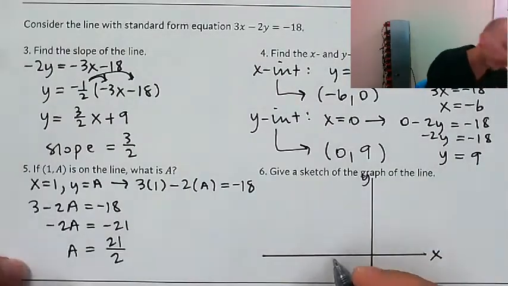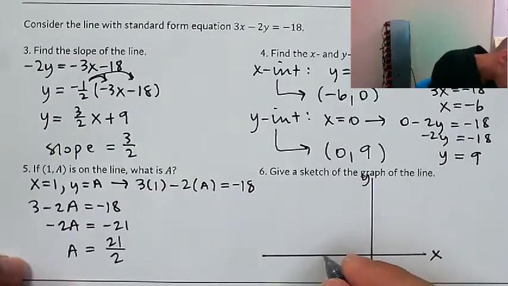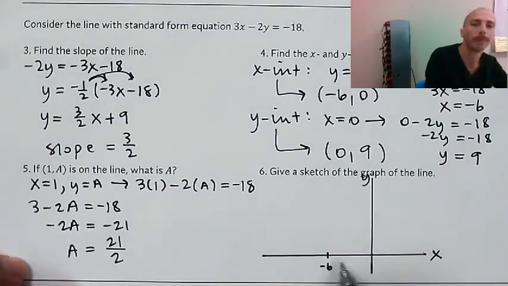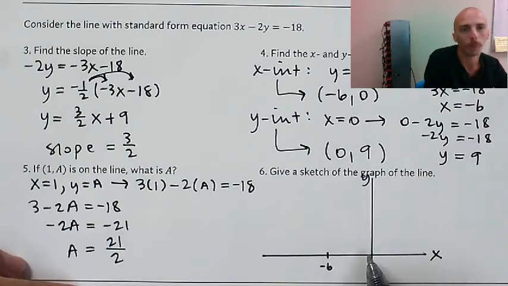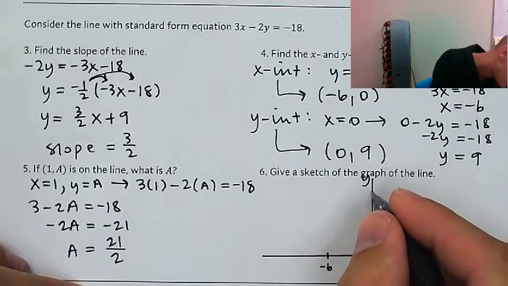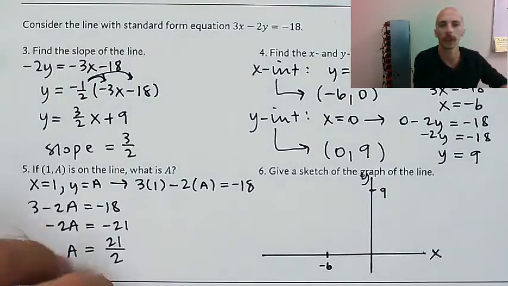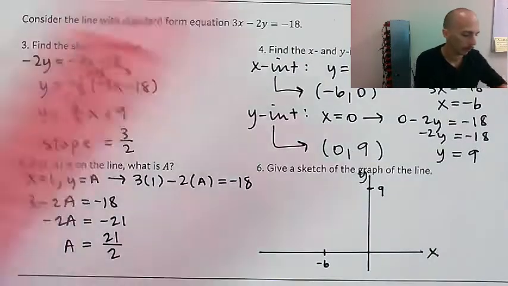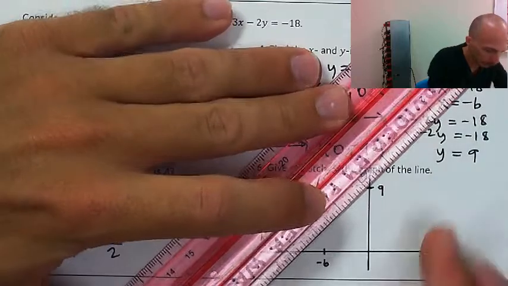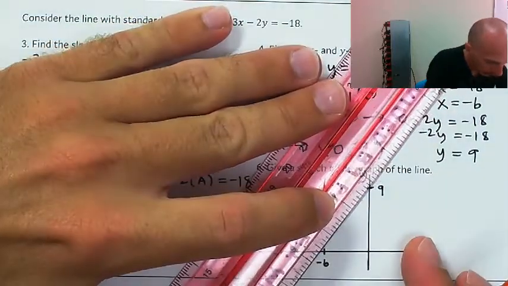So I'm going to label x equals negative 6. I'm just going to decide wherever that is. I'm going to say it's right here. And then where y equals 9, make your graph look as nice as possible. 9 should be a little more than 6, right? So I'm just going to go a little farther up than I went to the left. I don't know if that's to scale, but I don't care. And then I'm going to go over here and get my ruler.